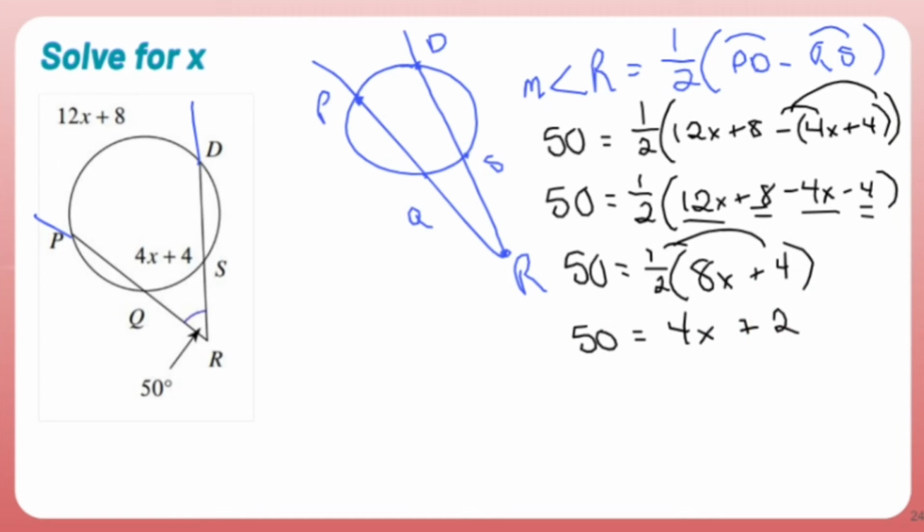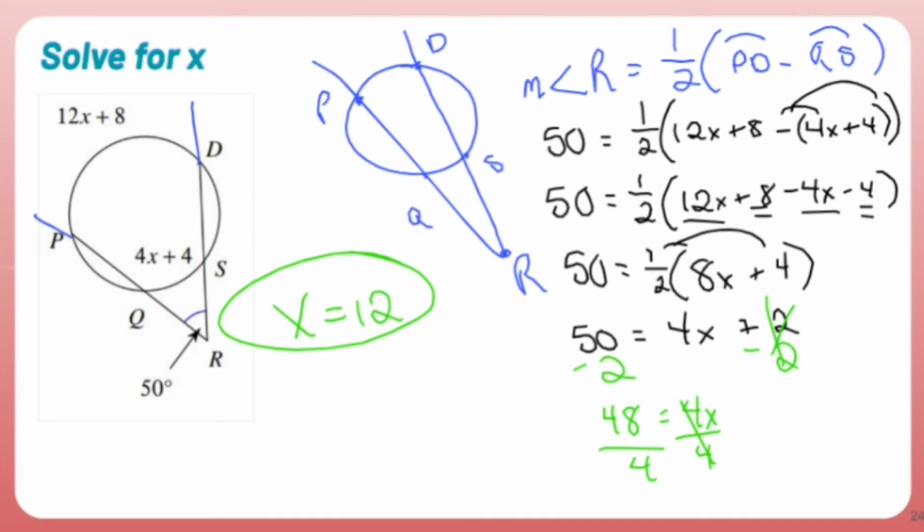Now it's a two-stepper. Minus 2, minus 2. Cross you out. 48 equals 4x. Divide both sides by 4. Let's write it up here. X equals 12.